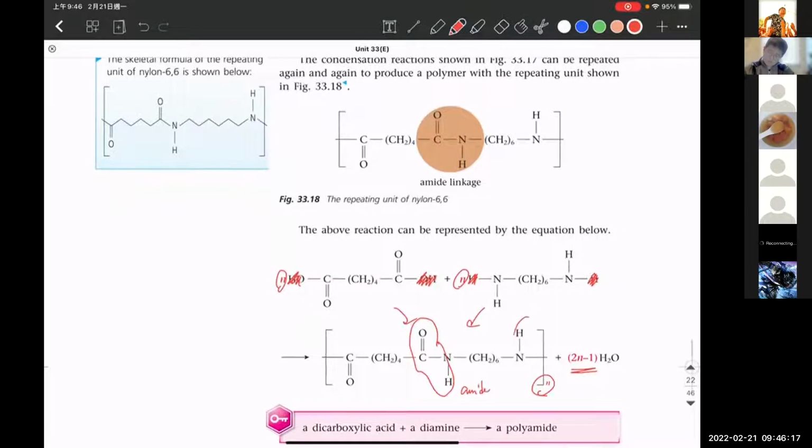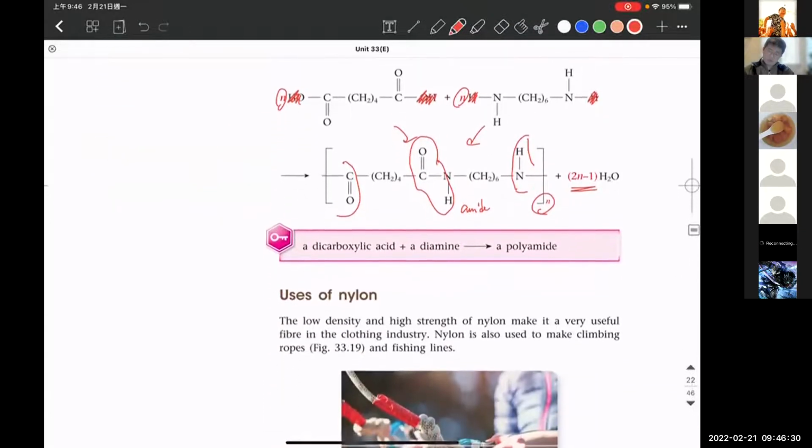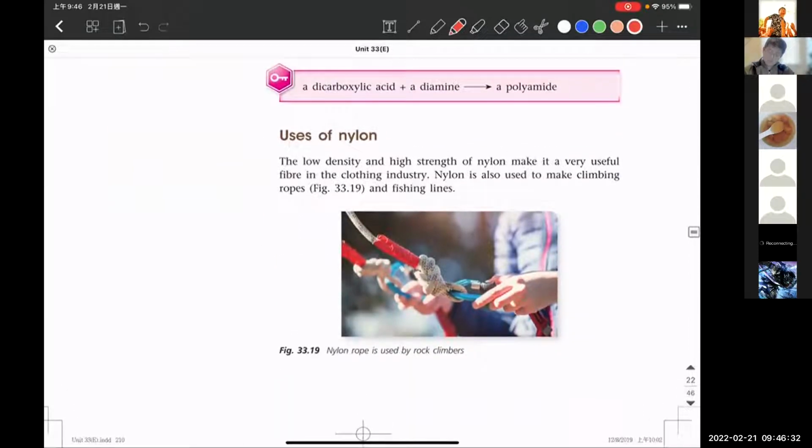But indeed, this is also the amide linkage, where half of one amide linkage is the other half of the amide linkage. Remember, our amide linkage is C double bond O N H.